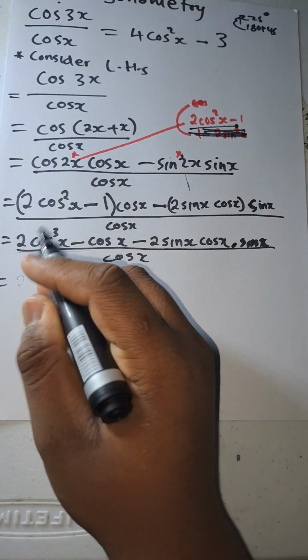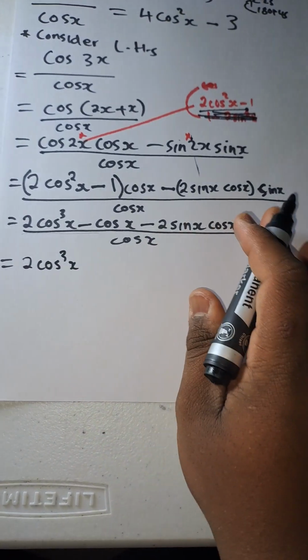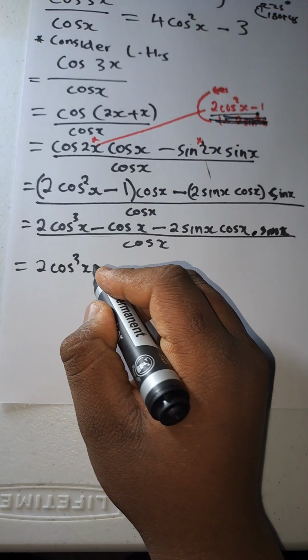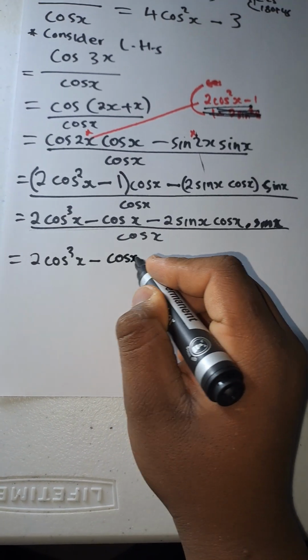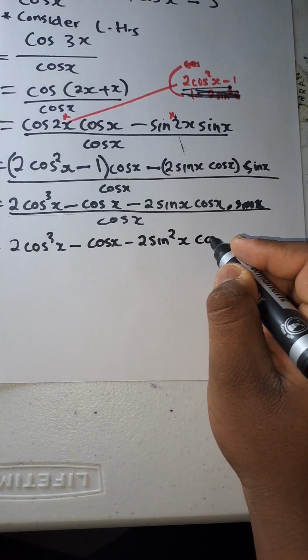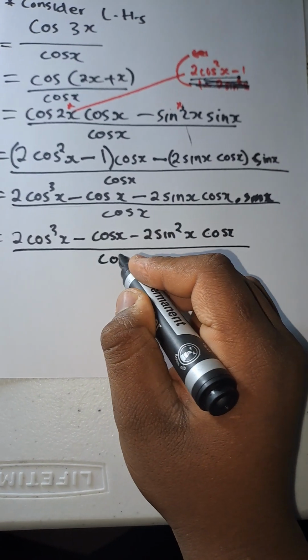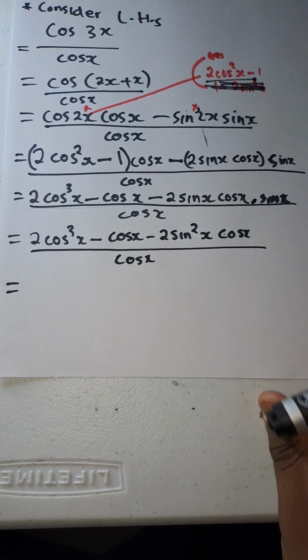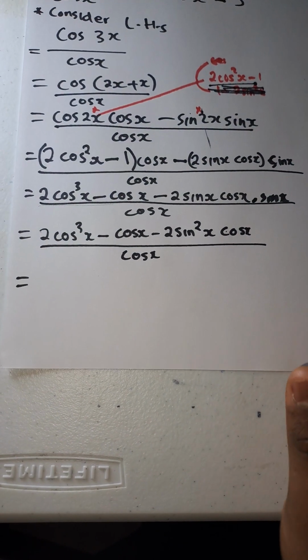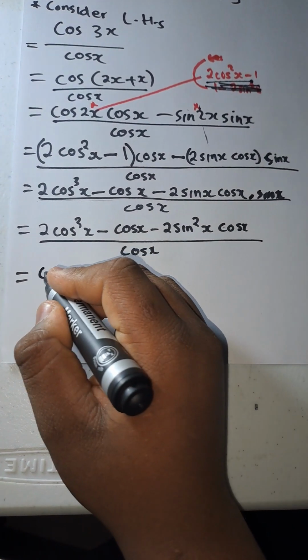So it's going to be 2 cos cubed x minus cos x minus 2 sine squared x cos x. They are being multiplied over cos x. On the next step, I can factor out what is common, and I can see that I have cos x.